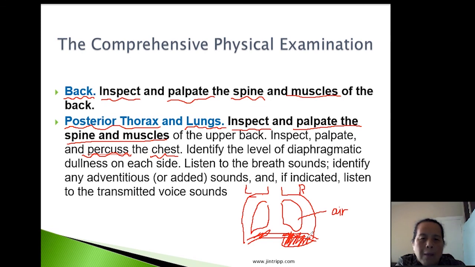Solid organ sounds come back more dull, and from the lung more hollow. We'll talk about some detail later. But this way, we can know where the lung is and where it is separated by the diaphragm.